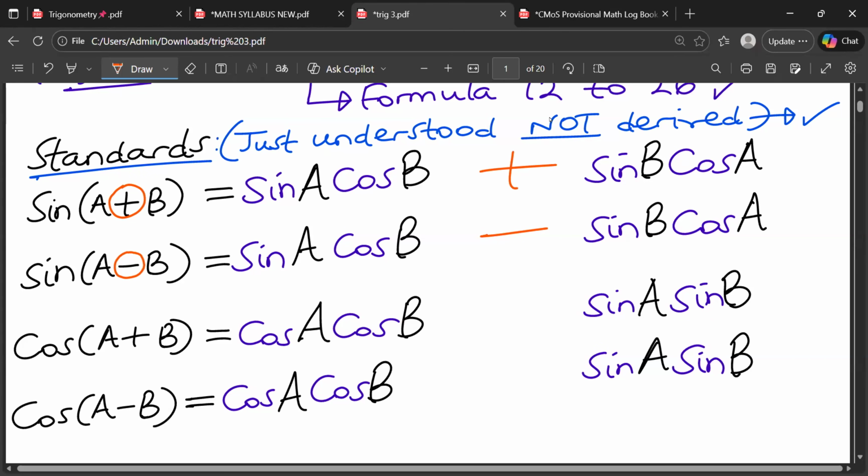So even here, when the angles are added, cos says no, I'm going to subtract the two. When the angles are subtracted, cos says no, I'll just add them. So for sine, we maintain them, but for cos, it says no, I will not allow that.